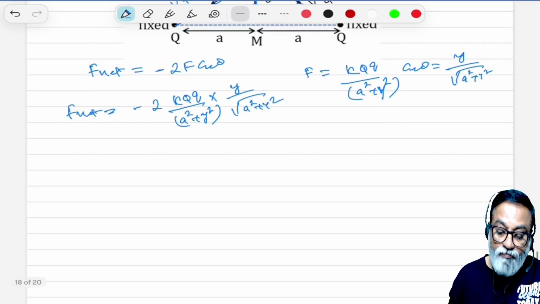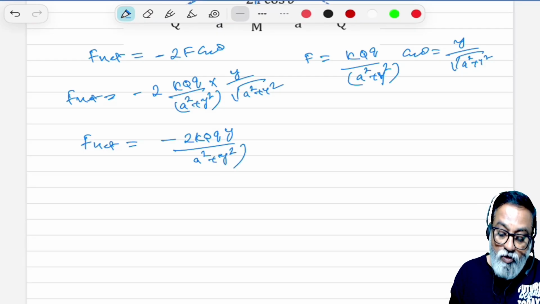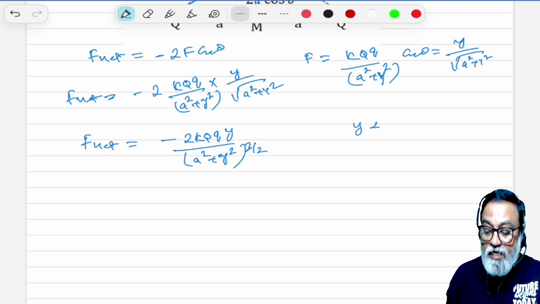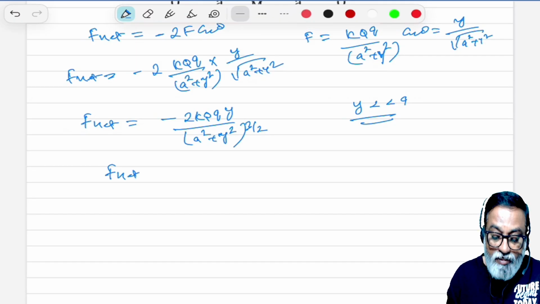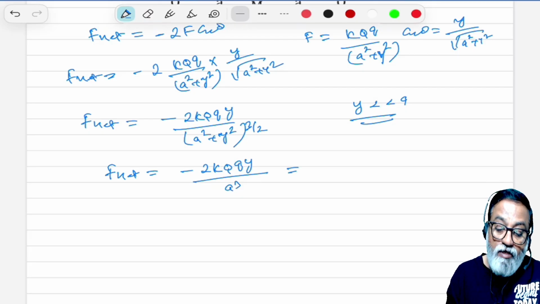This becomes F net is equal to minus 2kq·q y by (a² plus y²) to the power of 3 by 2. Here also y is less than a, so y can be neglected. Therefore, F net is equal to minus 2kq·q y by a³.